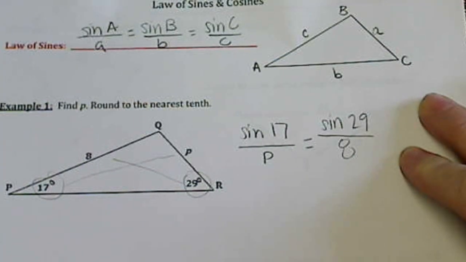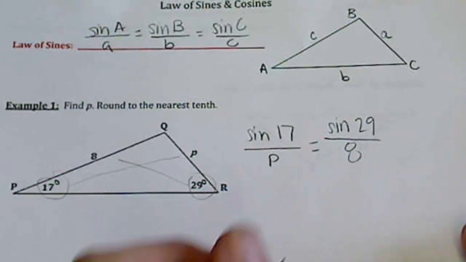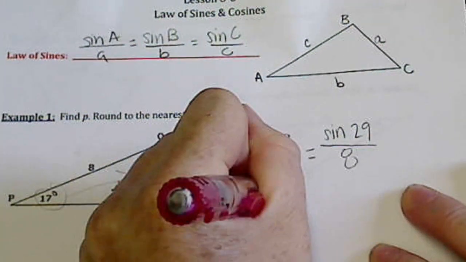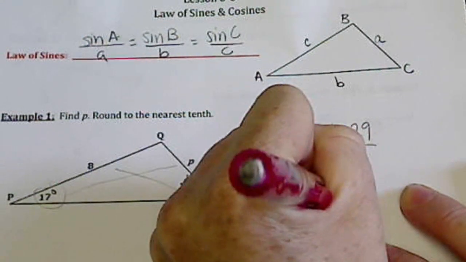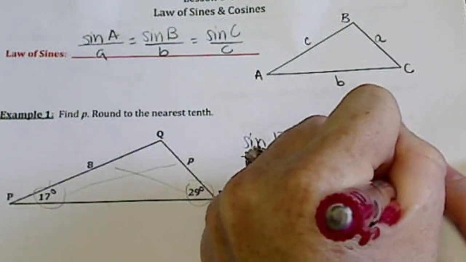Let's use our rules of proportions and cross multiply. So we get 8 sine 17 equals P sine 29.